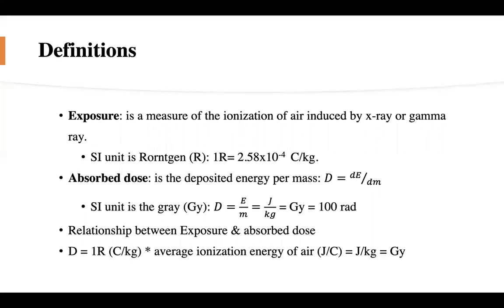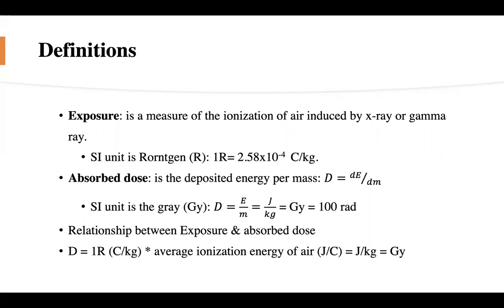And there is a relationship between exposure and absorbed dose. Absorbed dose equals the exposure, the produced charge in this mass of air or tissue, for example, times the average ionization energy needed to produce the charge.